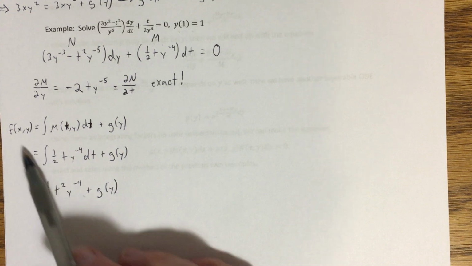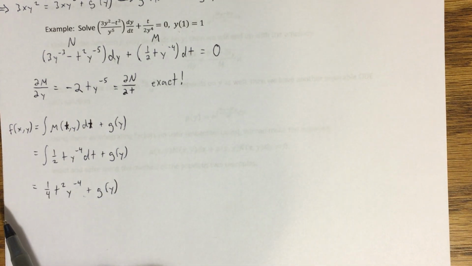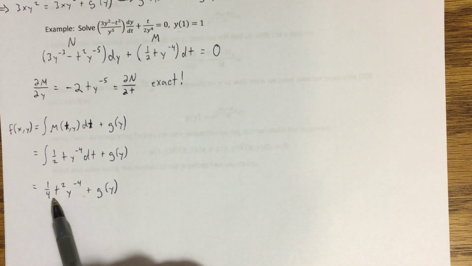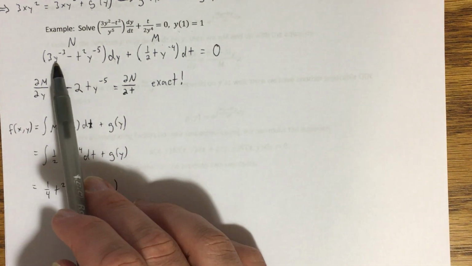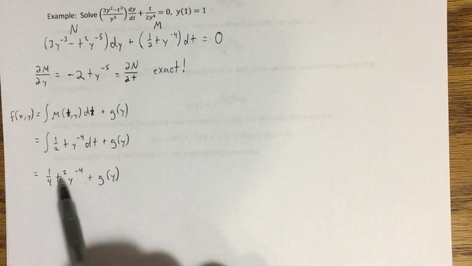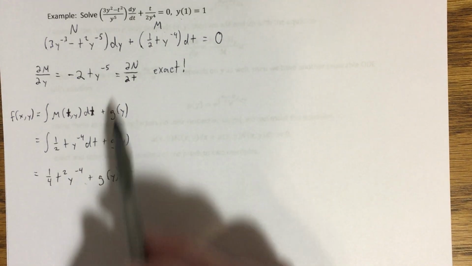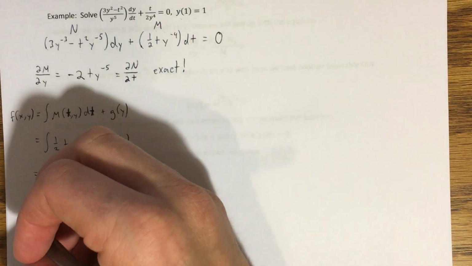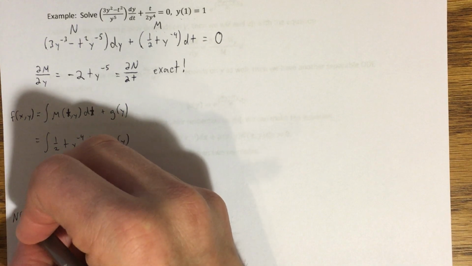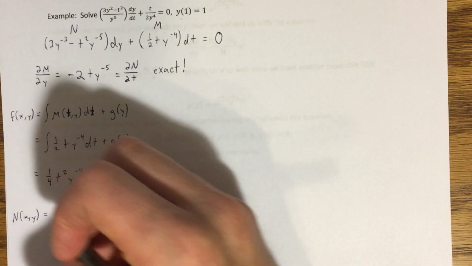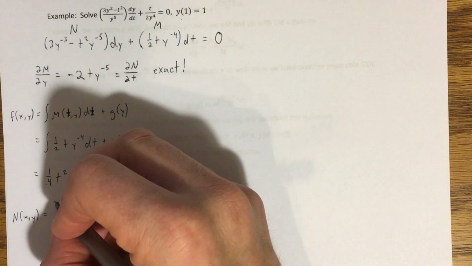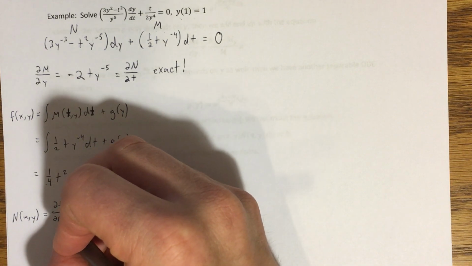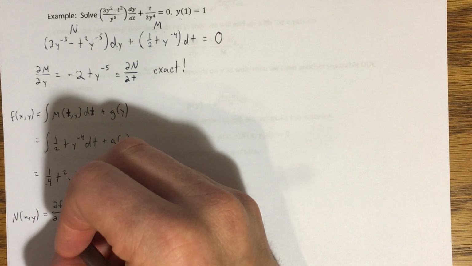And that tells us what the form of f of xy is going to look like. Now, we want to compare this to n, my function up here. And I do that by differentiating this with respect to y, which would give me n. So n of x, y, is equal to the partial of f with respect to y.